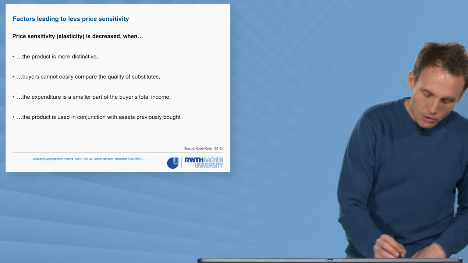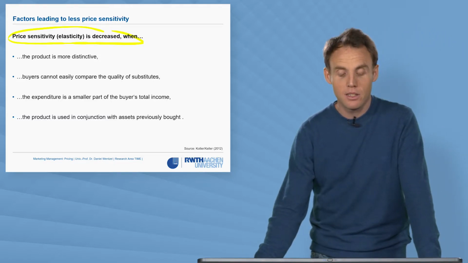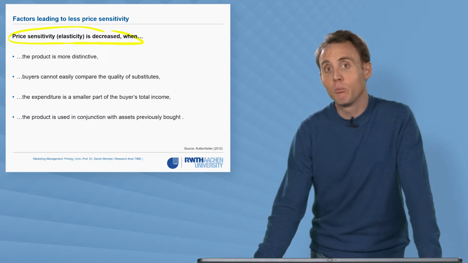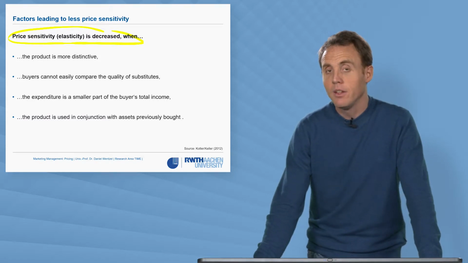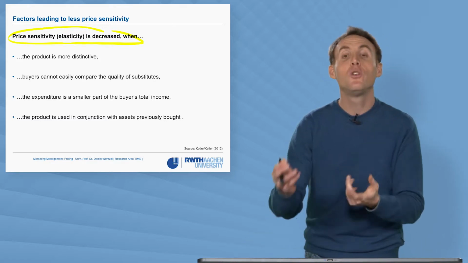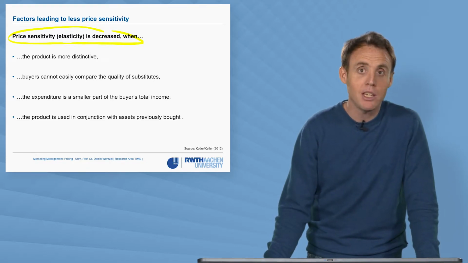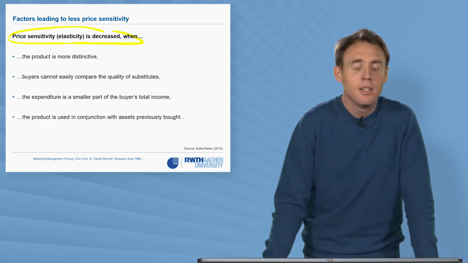Now, what we know from research is that price sensitivity or elasticity is decreased when the product is more distinctive. Meaning when the product is very distinctive and people really want the product, you may be able to raise prices without much happening. Let's again take the example of Apple.